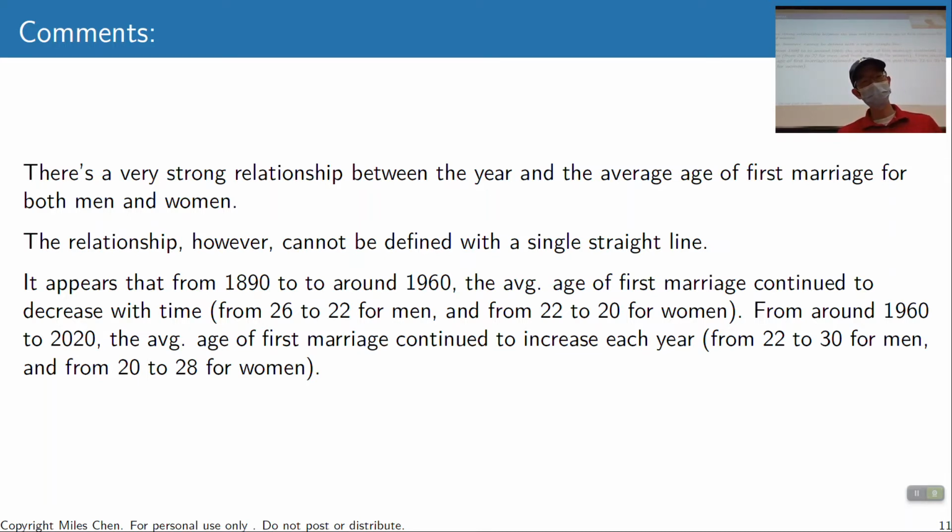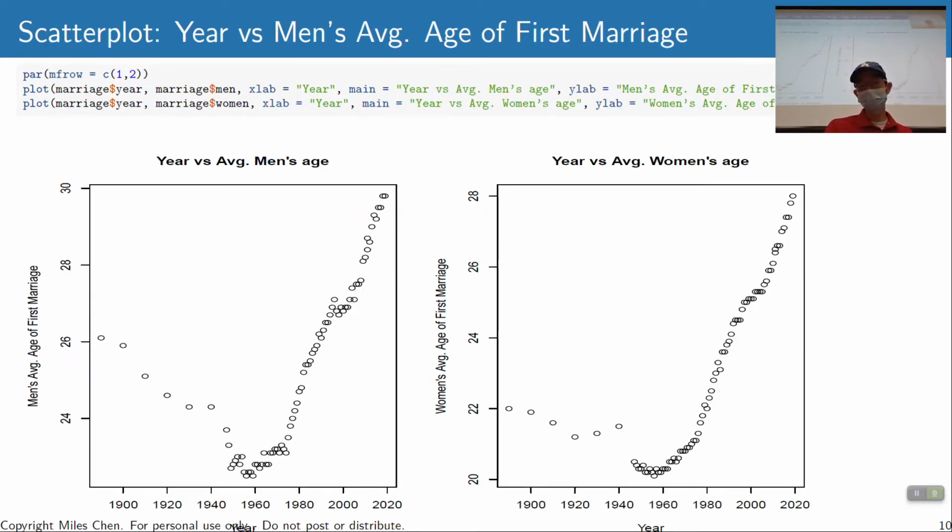It appears from around 1890 to around 1960, the average age of first marriage, both for men and for women, decreased year over year, okay? And then from around 1960 to 2020, average age of first marriage continued to increase year after year, both for men and women, okay? So interesting relationship, but one straight line just doesn't do it.